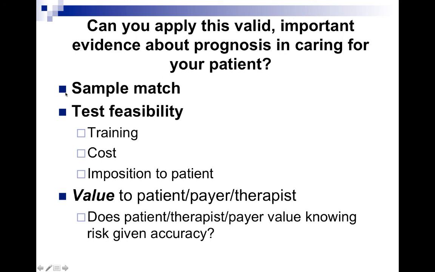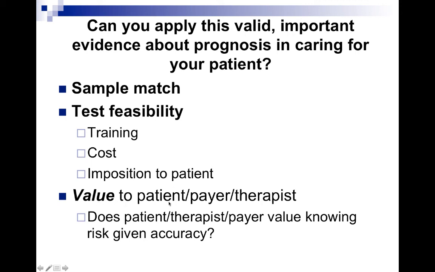The same predictions may not work as well in other groups of people with meniscus injuries or less competitive athletes. Now, the testing feasibility is a major issue that would require training, cost, and an imposition to the patient for sure. So this practical part may prevent us from implementing it, but those are things you should definitely consider when you are matched up with this question.